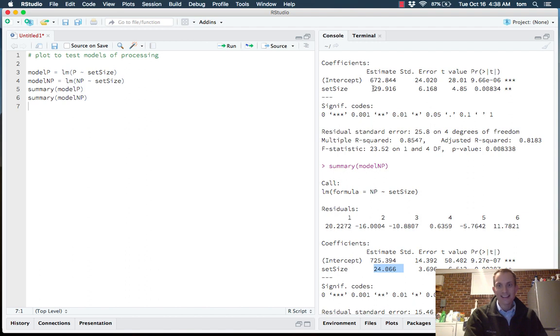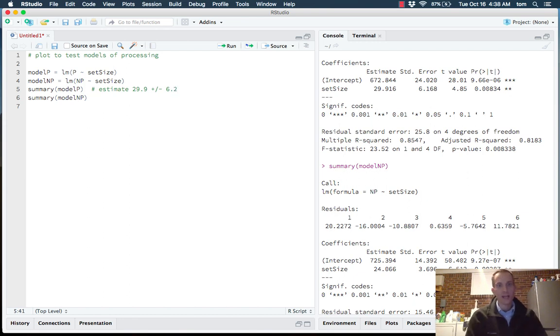Remember, this is an estimation. This is an estimate of slope, and in that estimate is some error, some measurement error. We get that measurement error from our standard error column. So really what you can think about is with this model P, the slope on the probe present, our estimate of slope is around 29.9 plus or minus the standard error, which is 6.2.